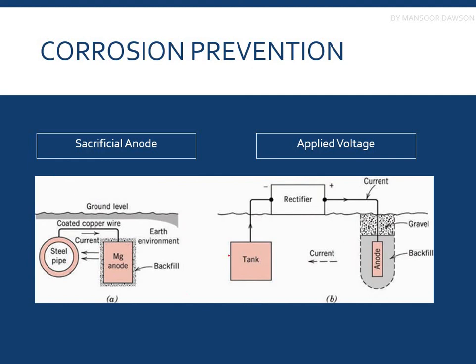On the other hand, if you're not using an anode, and if we have a lot of electricity, we can just provide some of the electrons. The current provided in this case is very small, in microamperes or milliamperes. The current is provided from a rectifier, and that current is provided to the corrosion environment.